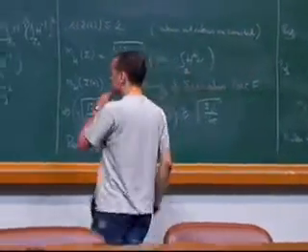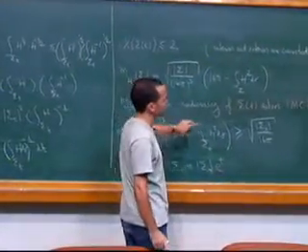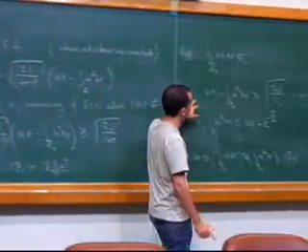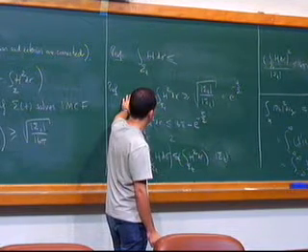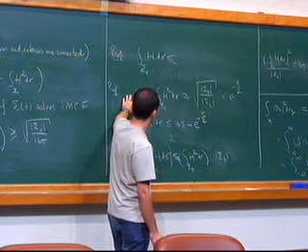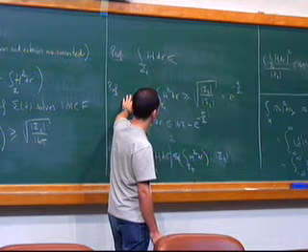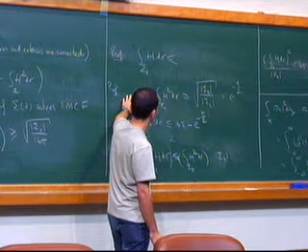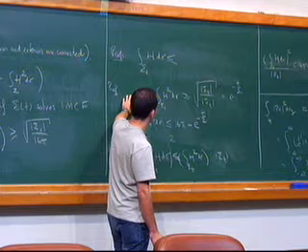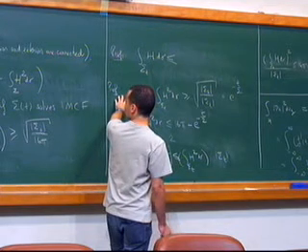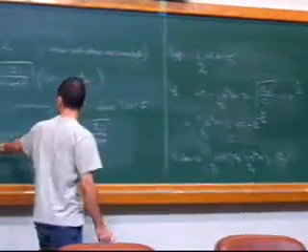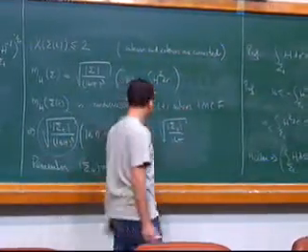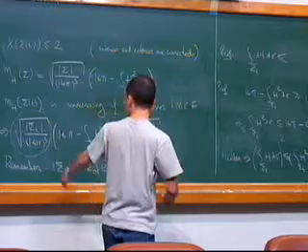So where's the original mistake here? First line. Oh, I see. Right. There's a 3 and there's a 1 here. So there's something missing. So let's see.